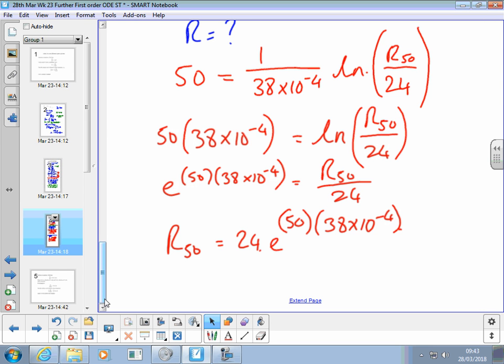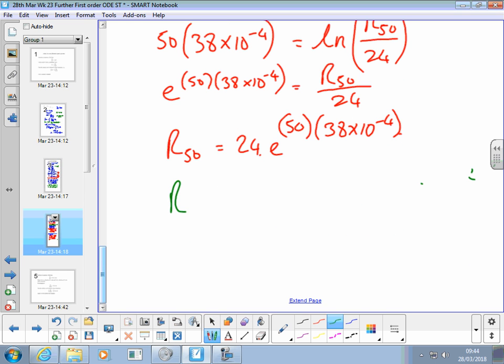In terms of the original function, that's R at a temperature theta is equal to R0 e to the power of theta times alpha, isn't it? 50 is the temperature that we're looking for. 24 comes from R0.